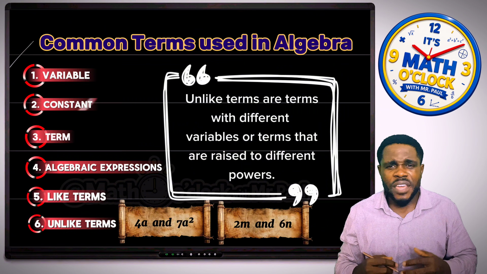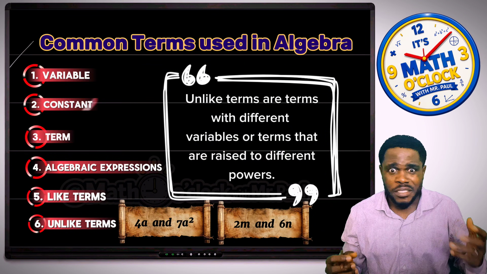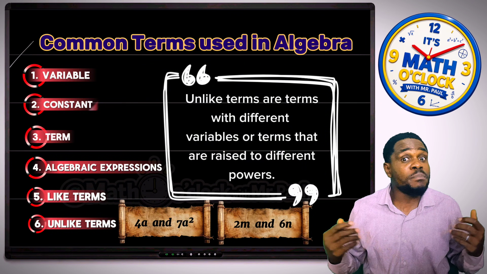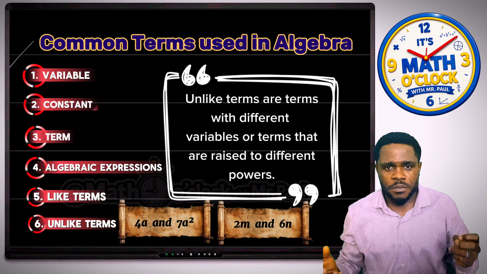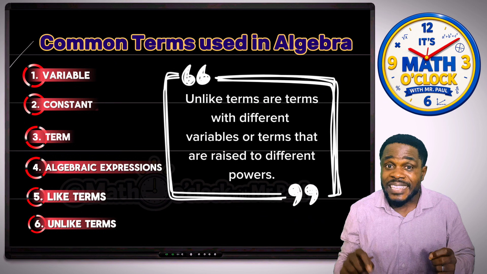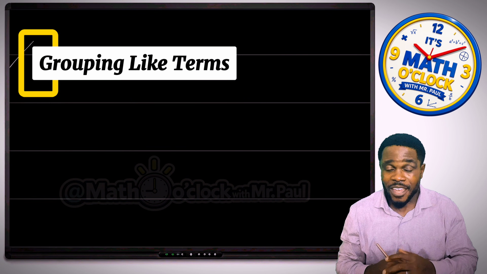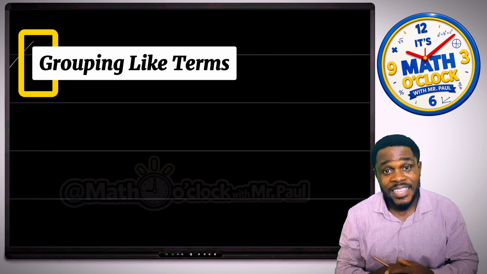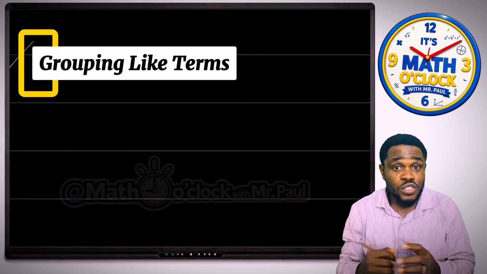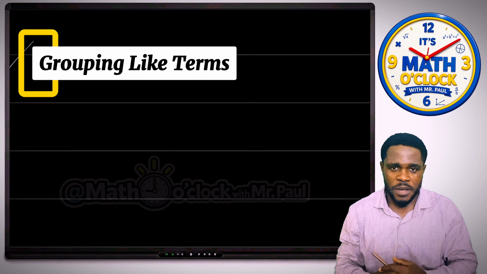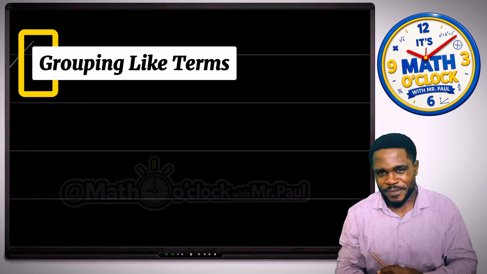But then again, why are we even bothered about like terms and unlike terms? We are bothered because we'll be needing each of these terms when we get to the next phase, which is grouping of like terms. Because whether you like it or not, terms have to be grouped according to their family. You come from a family and your family bears your surname.